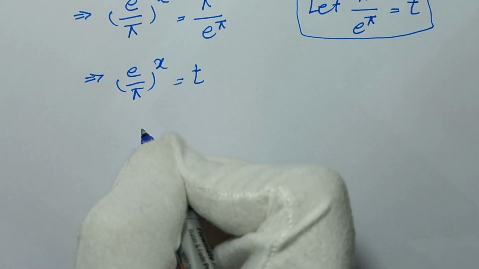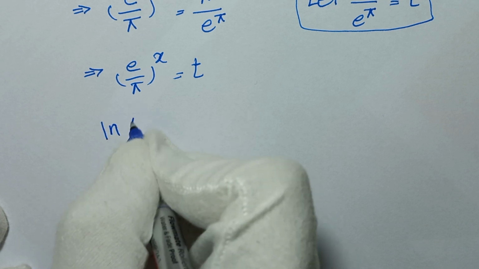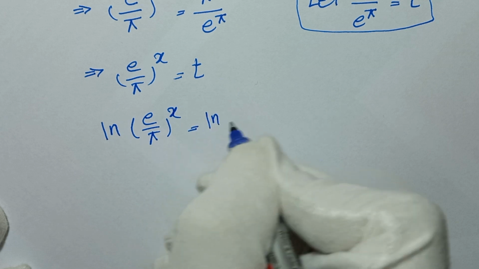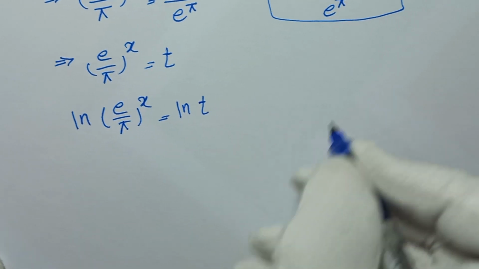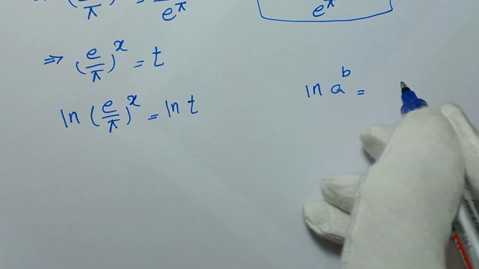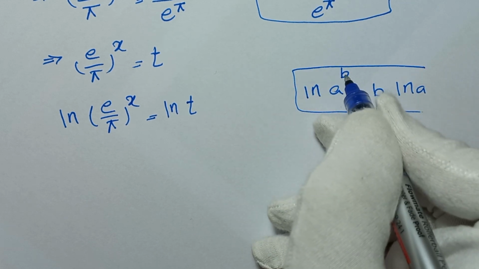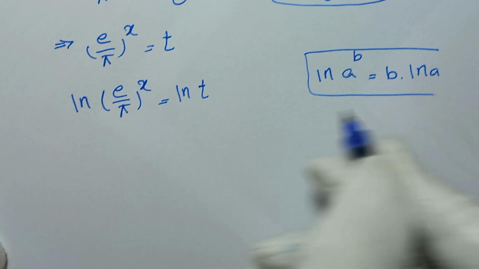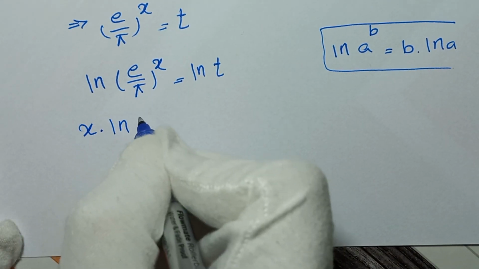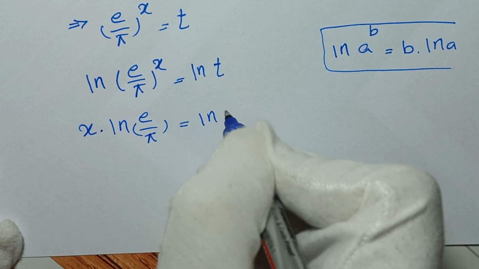And in the next step, we apply natural log to both sides of this equation. So it will be ln of e over pi to the power of x equals ln of t. And as you know, if we have ln of a to the power of b, this equals b times ln of a. We can take this b outside of ln. So we can write this as x times ln of e over pi equals ln of t.